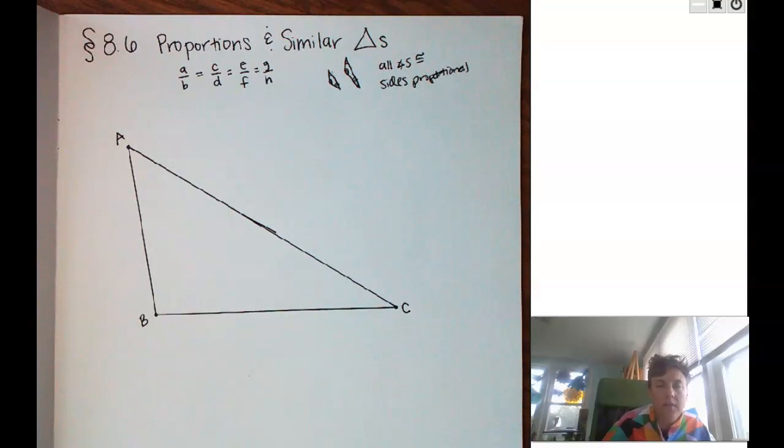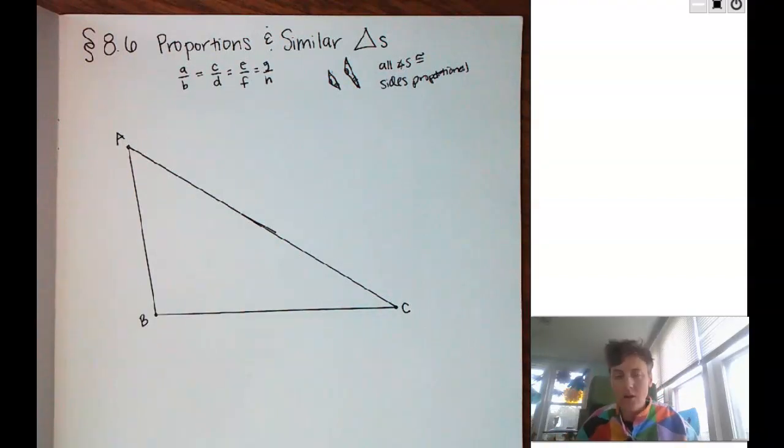One segment is all that we need. Where we put that segment is obviously pretty important, but all we need is one segment to make a similar triangle. Let me show you how.